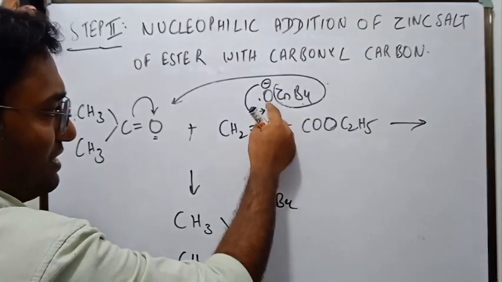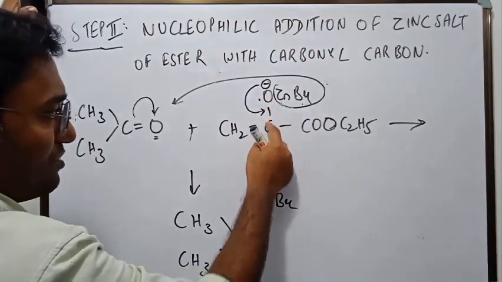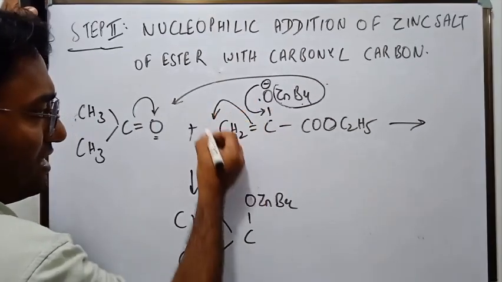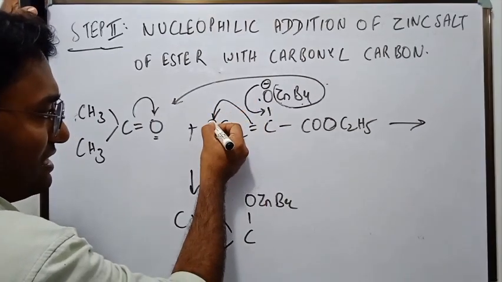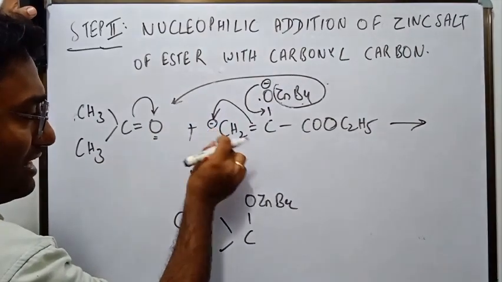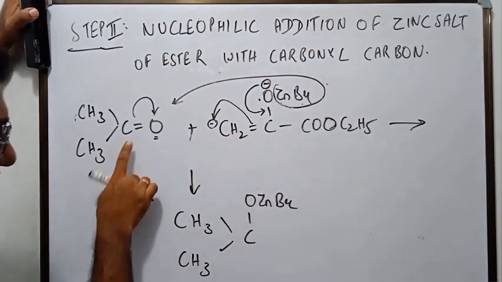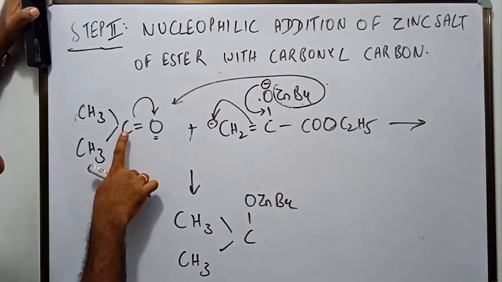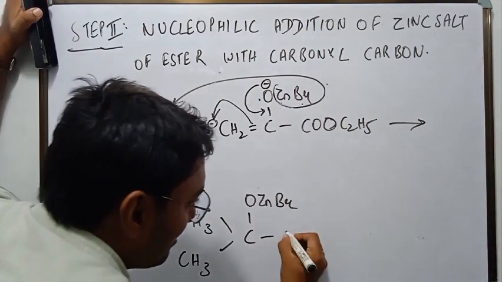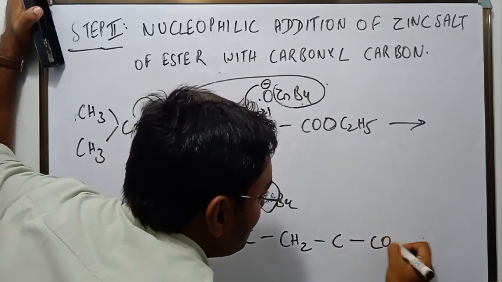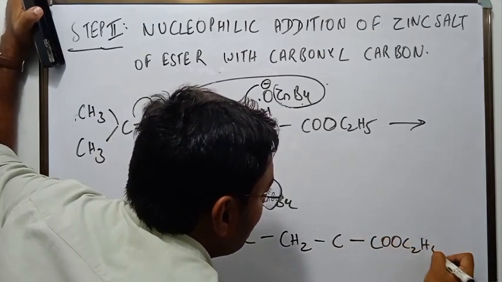When it comes down to form a double bond with this carbon, this double bond comes back here, and that results in a negative sign here. That results in a carbon anion. That carbon anion can now attach to the positively charged carbonyl carbon. So that results in this structure.